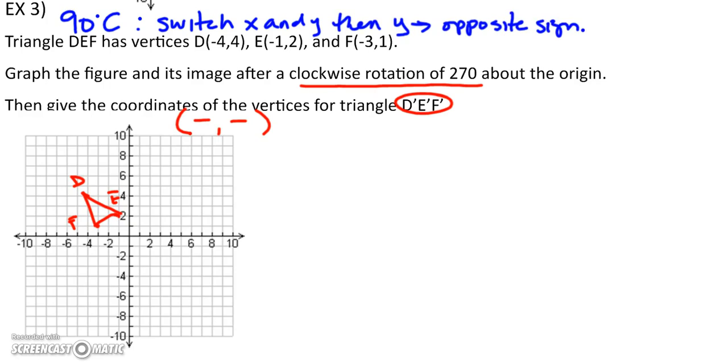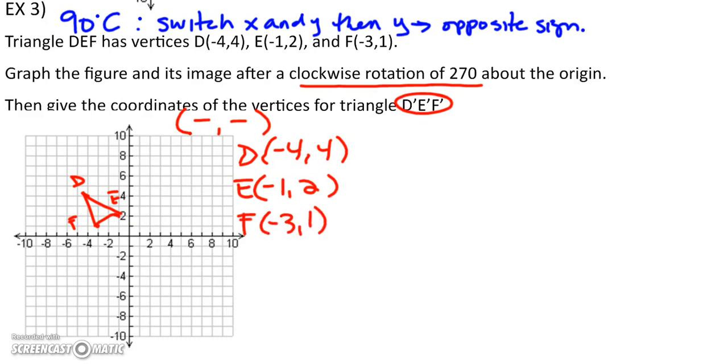All right, so my original points are D, which is negative 4, 4, E, which is negative 1, 2, and F, which is negative 3, 1.